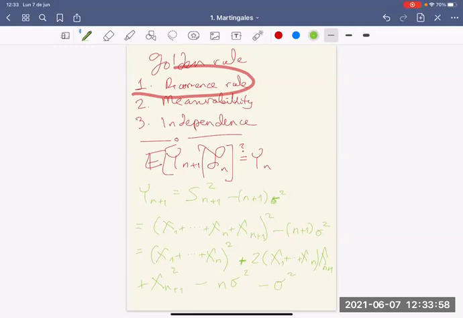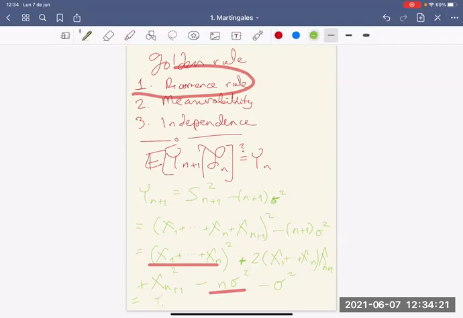And that's it. Because in here, what I can see is that I almost have a recurrence rule. From this part here, I see that this thing is just Y_n.